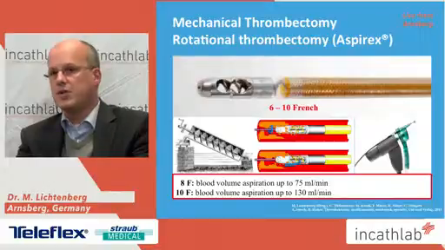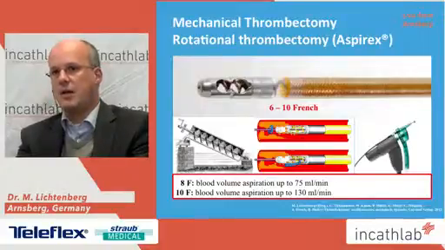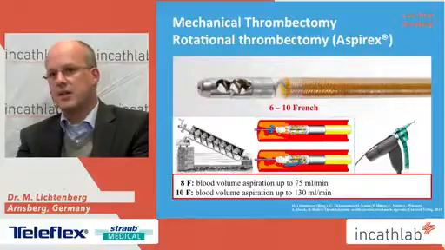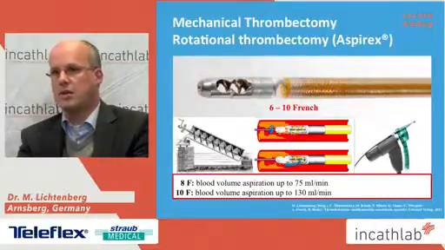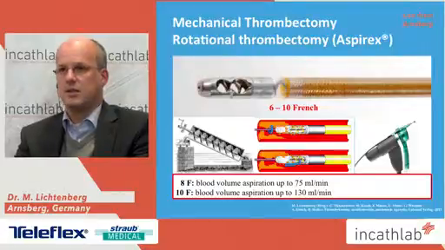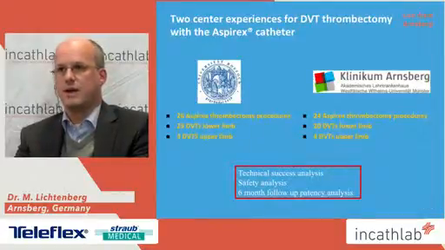But the principle of the catheter itself is the same, the Archimedes principle, creating a high blood volume aspiration. Depending on the size of the catheter, as you can see in the lower part of this slide, the 10F system can aspirate up to 130 milliliters per minute of blood during the run.